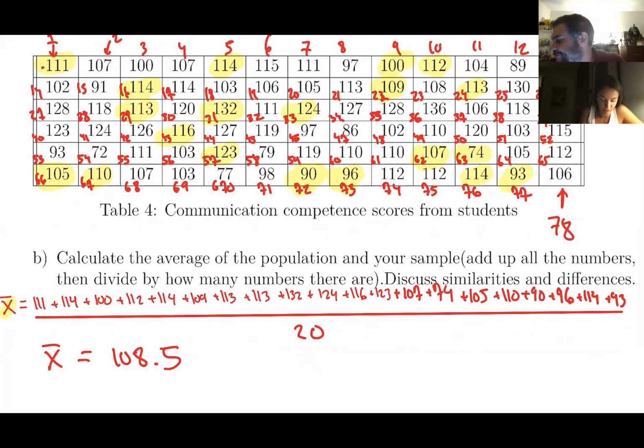Cool. All right. So when I found my mean, I got 108.5.